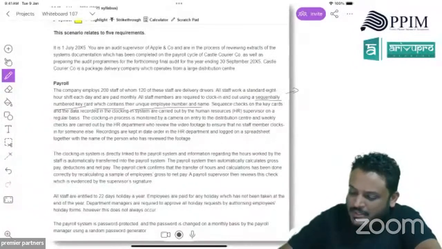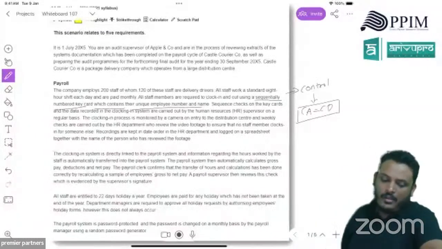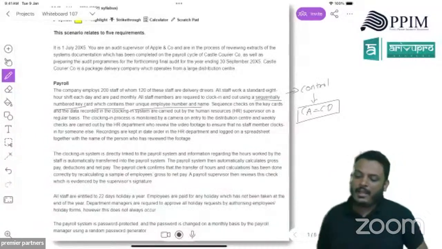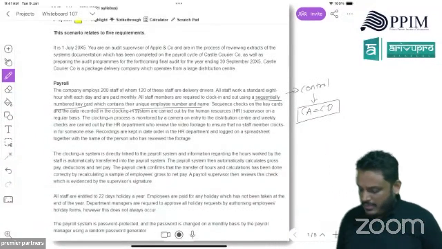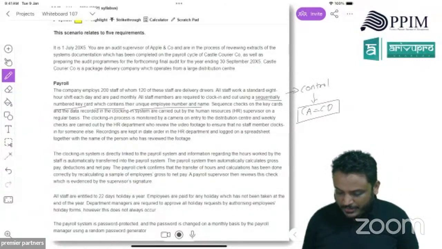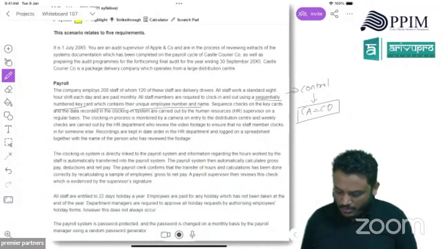So here it's a control. This is an effective control because of clock in, clock out, plus it is sequentially numbered. It's a good control.